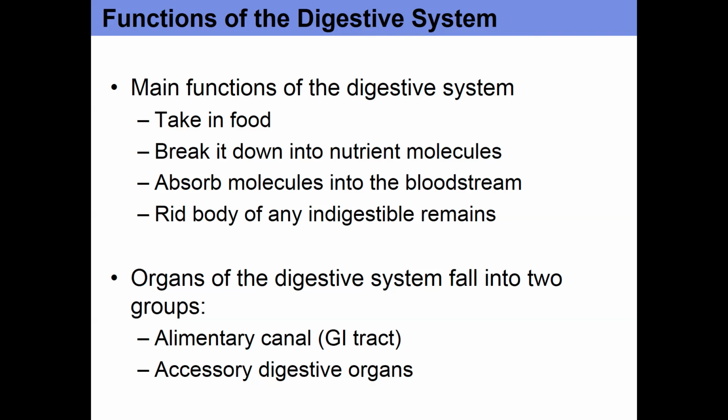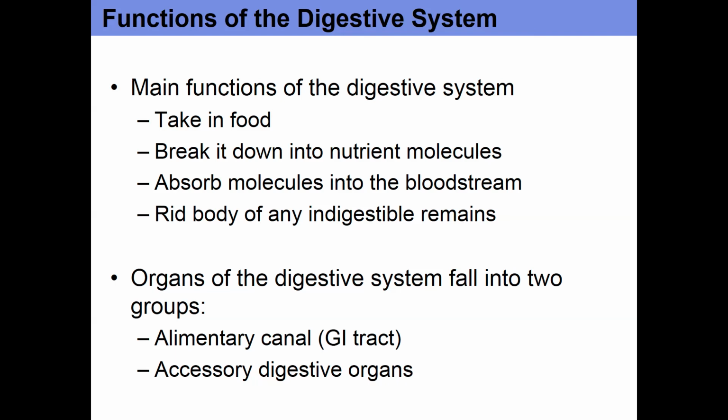So what we do then, you can see we take in the food obviously through the mouth. We're going to then break it down into nutrient molecules. There's a couple different processes here, and we'll talk about both, but there's essentially mechanical breakdown of the food and then chemical breakdown of the food. Both of those start in the mouth. Mechanical breakdown of the food is, as you'd expect, crushing it. So the teeth and the tongue are going to compress the food, mash it and all of that.